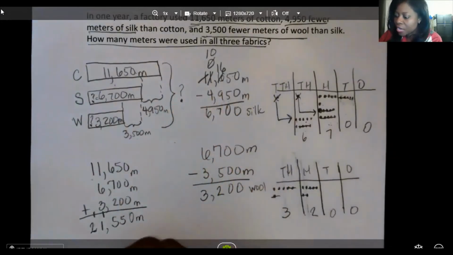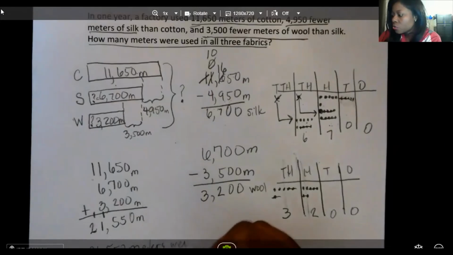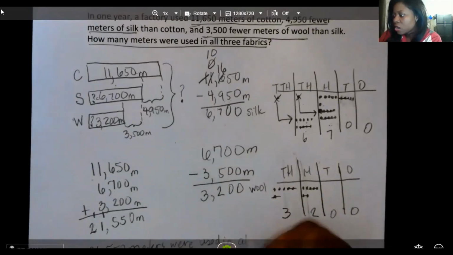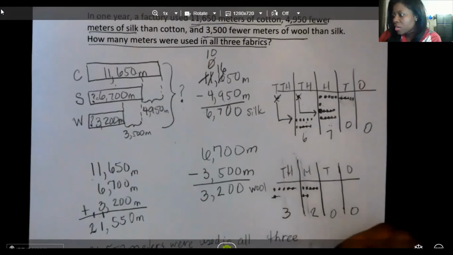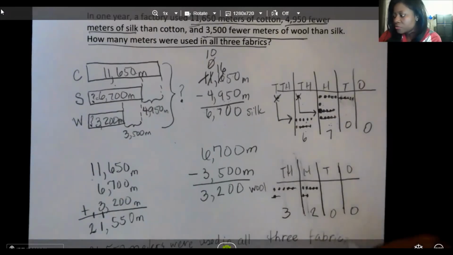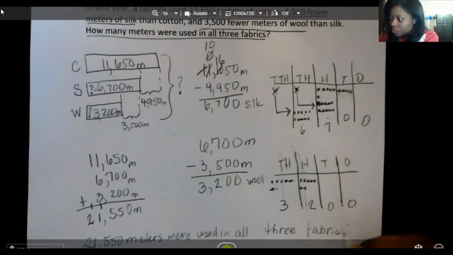I can say 21,550 meters were used in all three fabrics. Oh, it's a statement. I need to put a period.